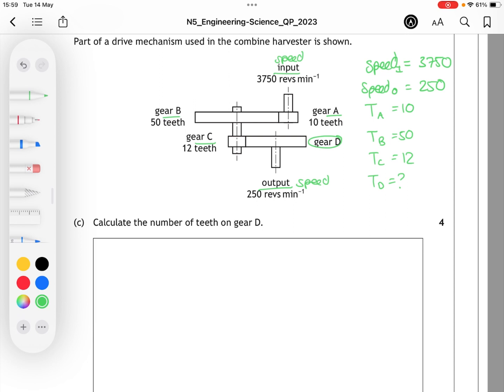I find it a bit helpful to write it down like that. You might have different shorthands for it. Everybody knows that gears are a little bit wordy, so that can be helpful.